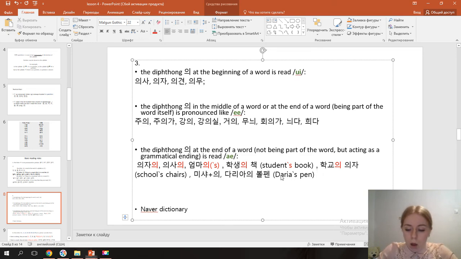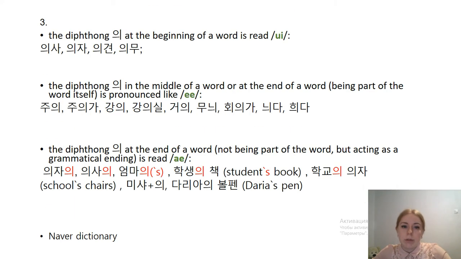So, what is Naver dictionary? It's a dictionary where you can translate all the necessary words. You can download it via Android and via your iPhone.